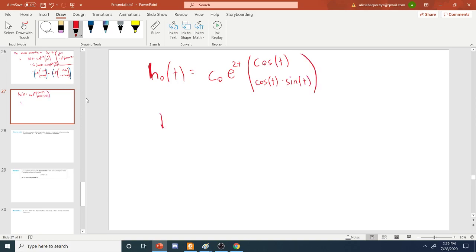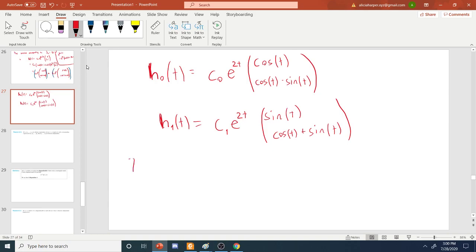And we're going to set h1 of t to be the other thing. I'm going to change my constant term here, by the way. I'm going to call this c1 now. c1 times e to the 2t times sine of t, and then cosine of t plus sine of t.